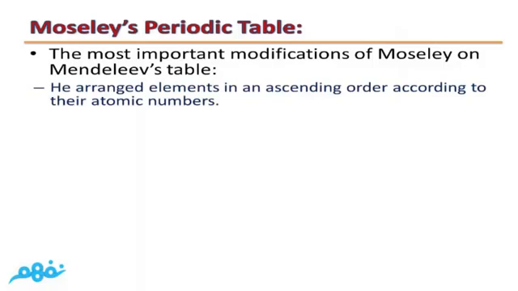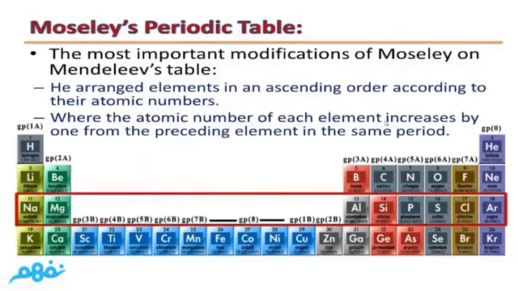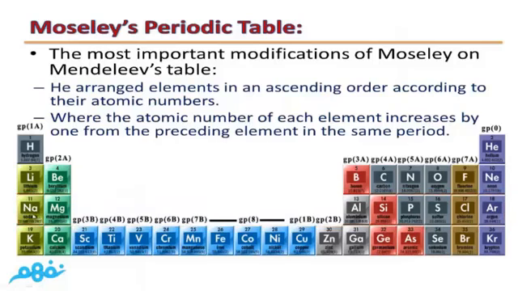The first thing that Moseley did is he rearranged elements in an ascending order, but this time according to their atomic numbers, where the atomic number of each element increases by 1 from the preceding element in the same period.